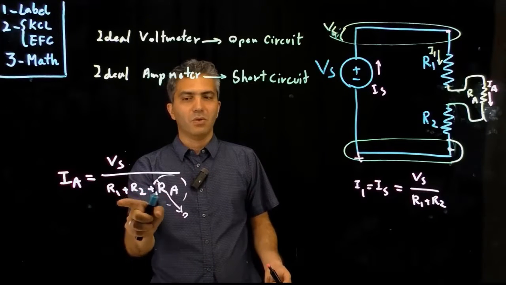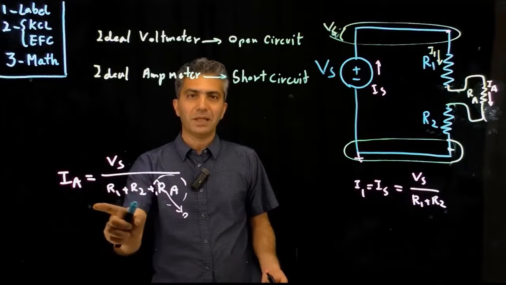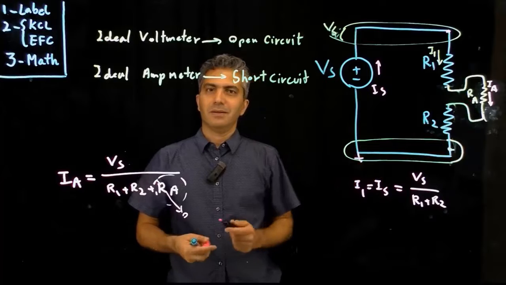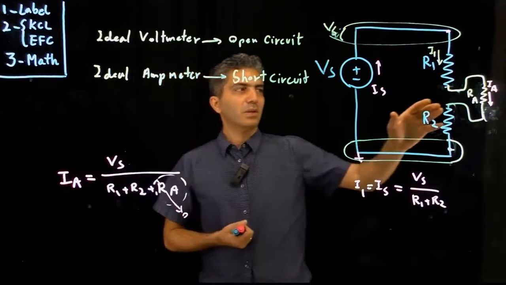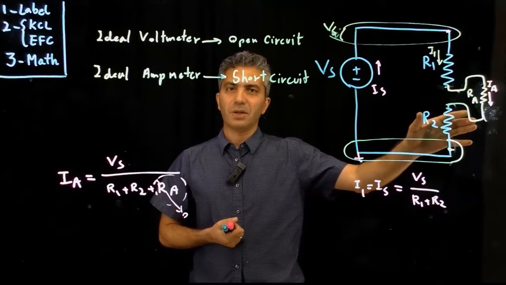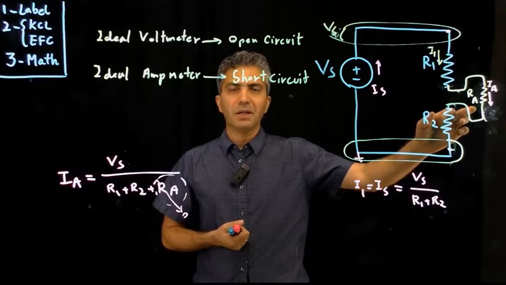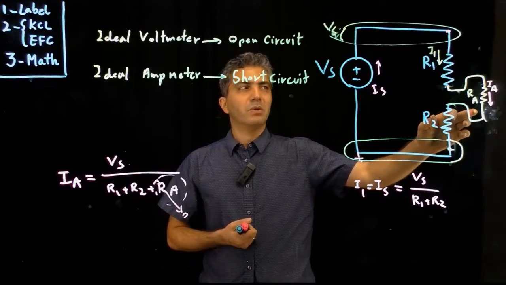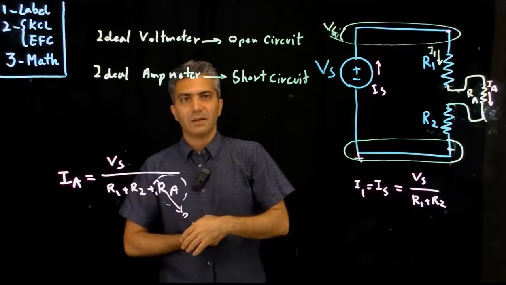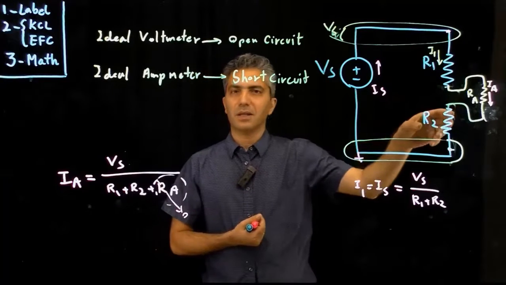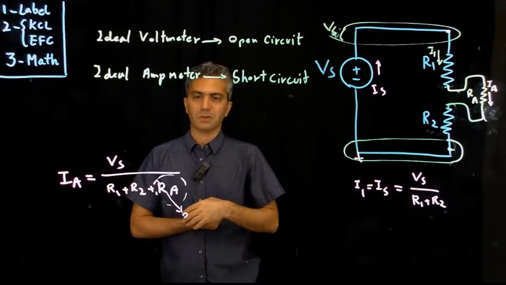But if R1 is 1 ohm, R2 is 2 ohm, and RA is 1 ohm, then the current is completely different when I add that resistance in, right? So in order to minimize the effect of the ammeter, I have to make sure that the resistance of the ammeter is negligible with respect to the resistors in this circuit, and therefore the current that is measured is not going to be much different than the current before you add the ammeter into the circuit.